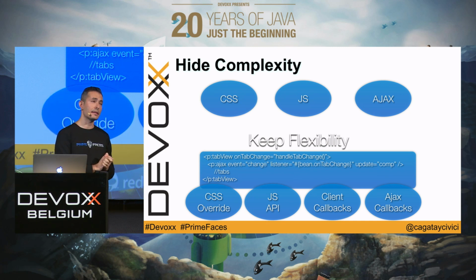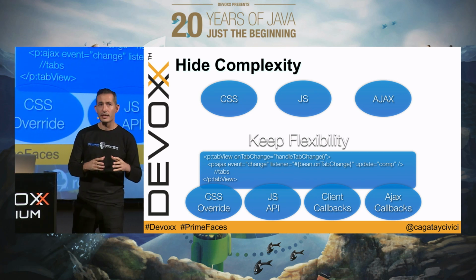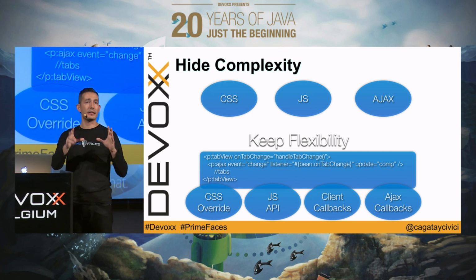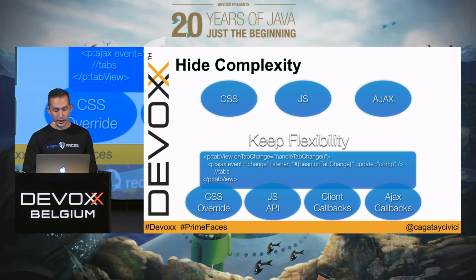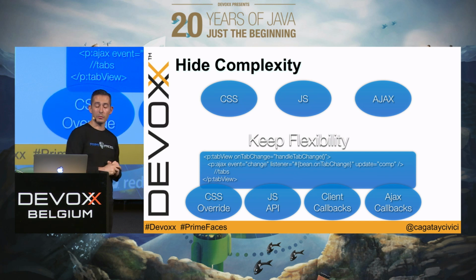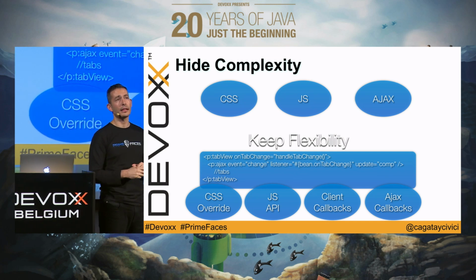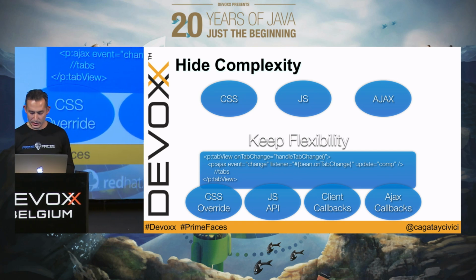But the important thing is that since this is someone else's code, how can you adjust it to your own needs? How can you change the look and feel? It's easy to override CSS. Sorry. And there is a JavaScript API where you can change the behaviors and call widget APIs. And callbacks are probably the most important things, so that you can hook in events where you can change and add behavior.